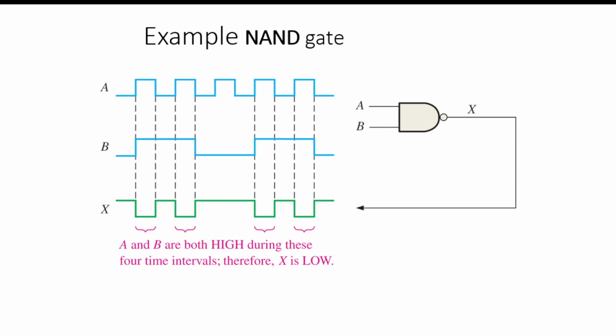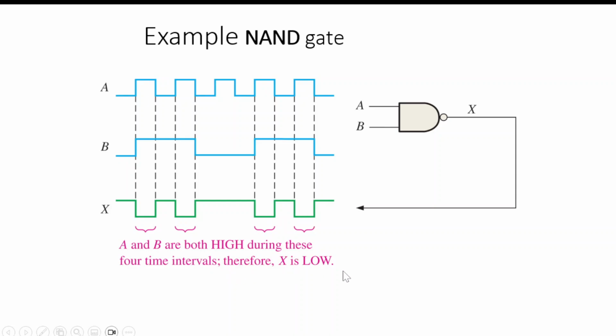Here's a NAND gate. Now NAND gates are a little bit different, right? They've got an inversion circle dot on the output side of the AND gate. So now we've got a high and a high, that actually makes a low, right? A and B are both high during these 4 time intervals. Here, here, here, and here.